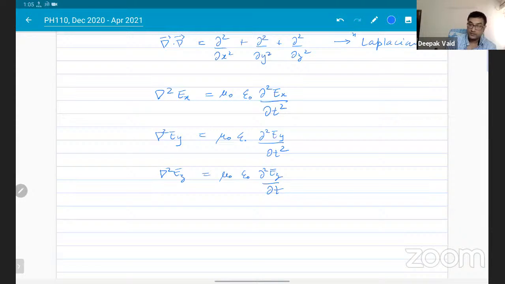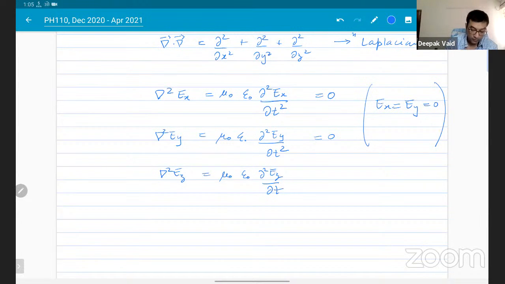And each one of these, Ex, Ey, and Ez, are functions of position and functions of time. Now I will make another simplification. I will say that Ex is equal to Ey is equal to 0.